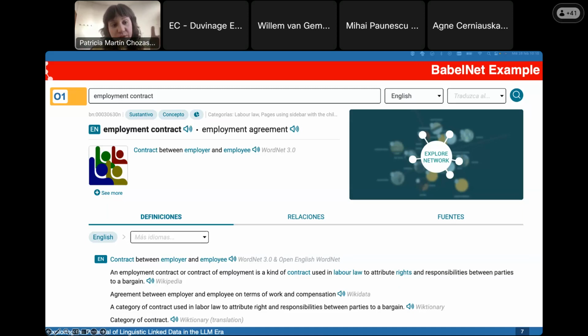When we talk about interlinked data, these are terms that are linked and you can easily access from one to another. Below, we have other definitions from other resources, such as Wikipedia, Wikidata, and Wiktionary. And this is another benefit of linked data, that we can easily aggregate data from different data sources.